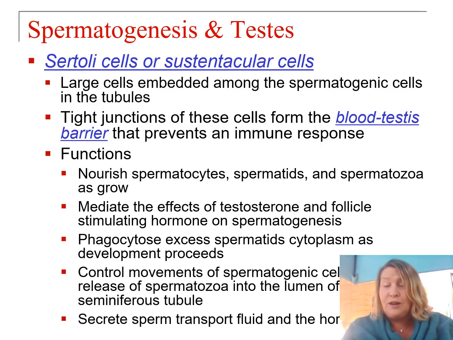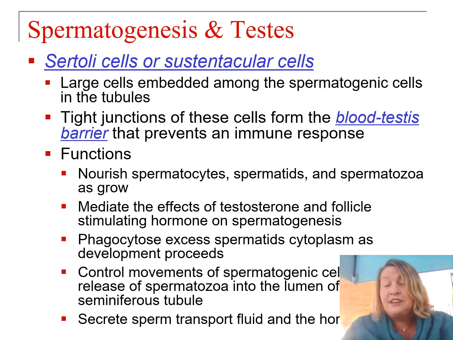They used to be called the nurse cells, so you can have an idea by the care these cells give to the growing sperm cells why they ended up with that name.